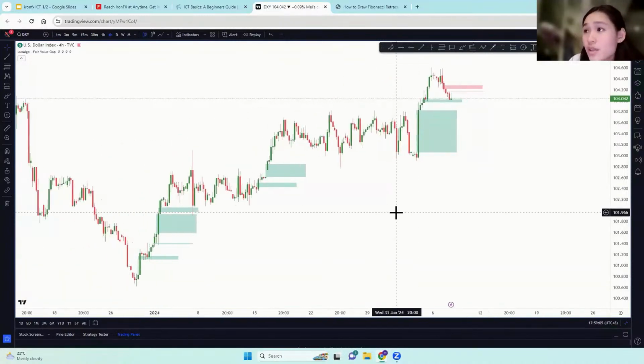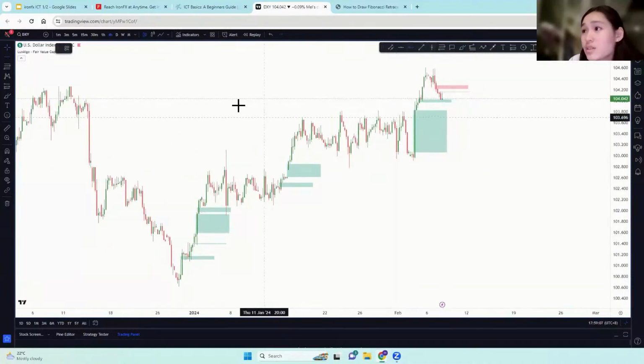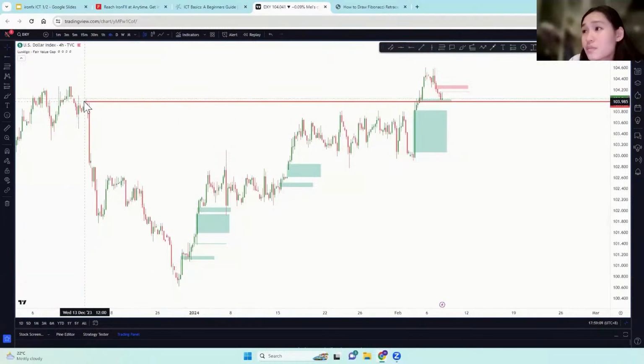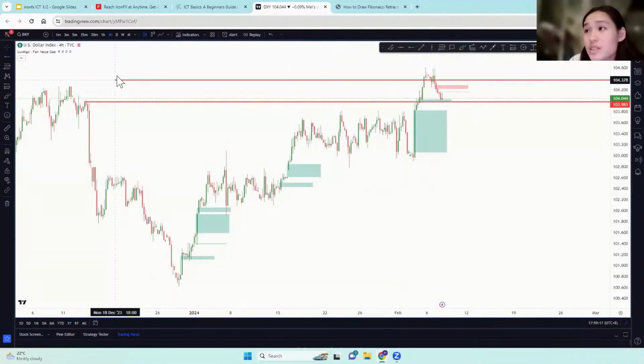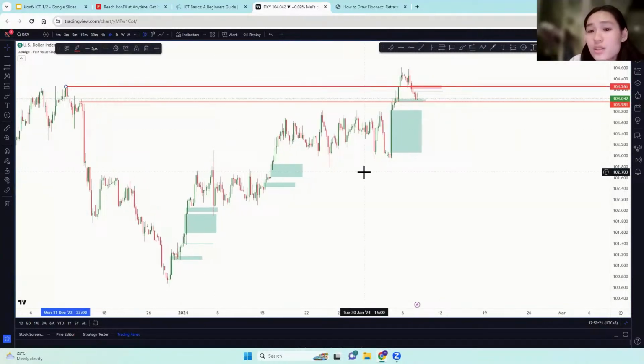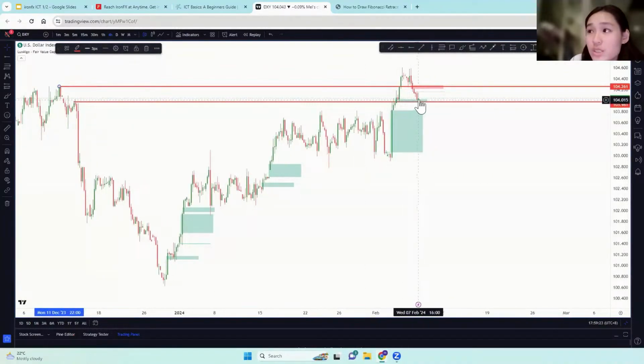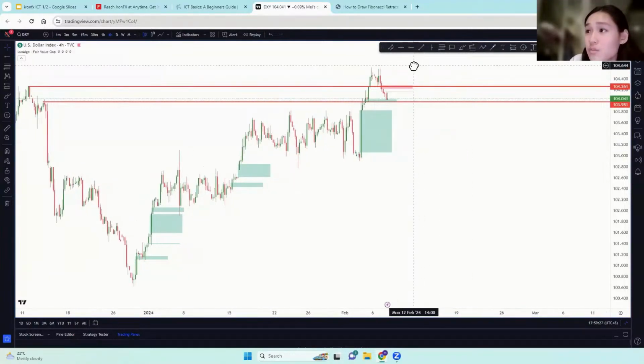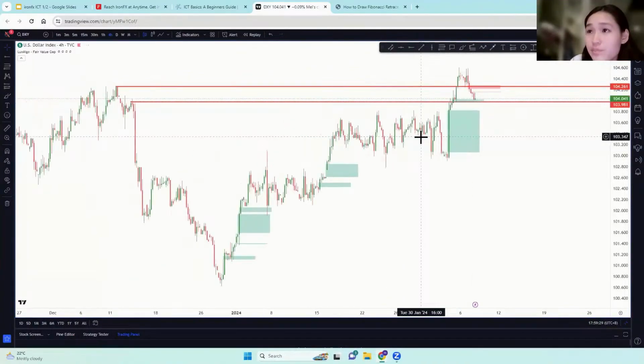You can see that our fair value gap is in this area. We have this green highlighted area, which is in line with this swing high and this resistance area as well. So we're expecting price to continue to rebound off of this area, and drop below it.